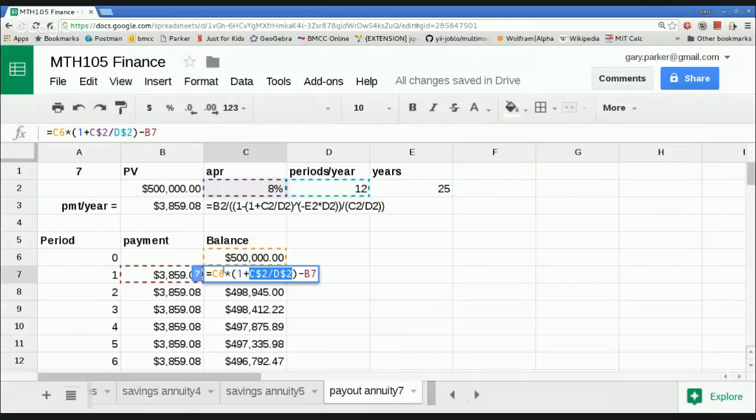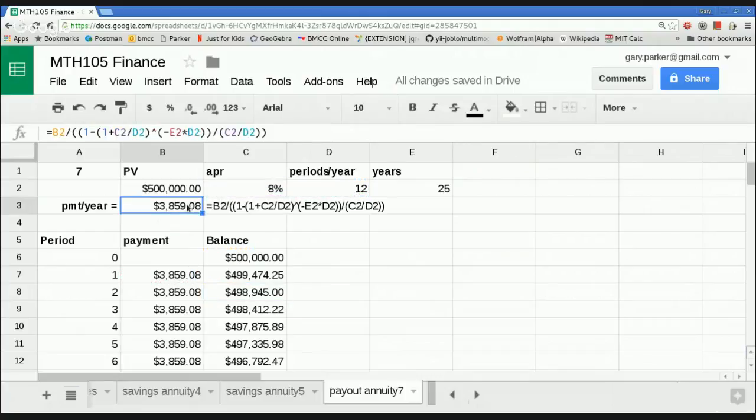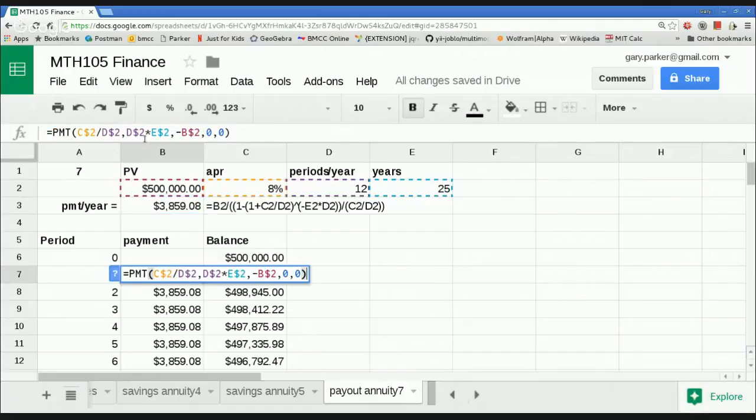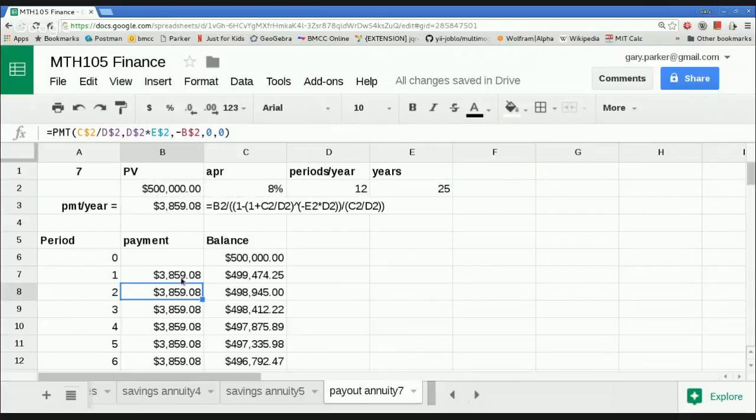Because then if I multiply by that, I know my new amount. But I'm also drawing my account down by a fixed amount each month. And according to the book formula here, or the spreadsheet's PMT function, if I draw this down at $3,859.08 each month, after 25 years at 12 times a year, I should get a zero balance.